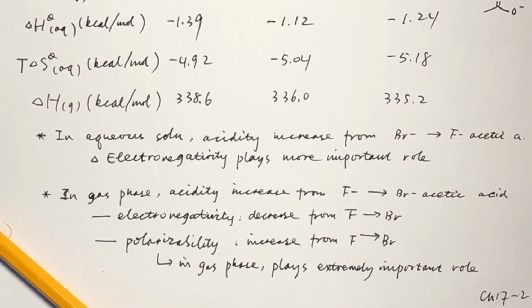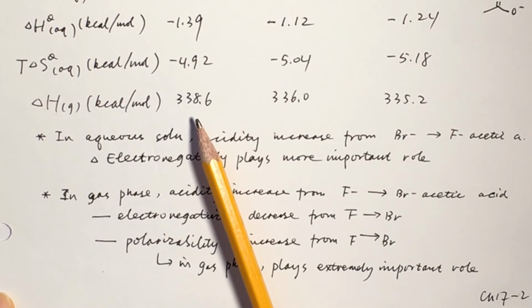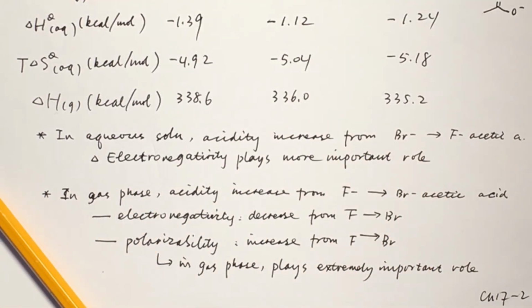It turns out the polarizability plays an even more important role, and fluoroacetic acid becomes a weaker acid in comparison to chloro or bromoacetic acid. So the trend of acidity is opposite in aqueous solution versus in the gas phase, and it's all because under different circumstances we need to pay attention to different thermodynamic terms.